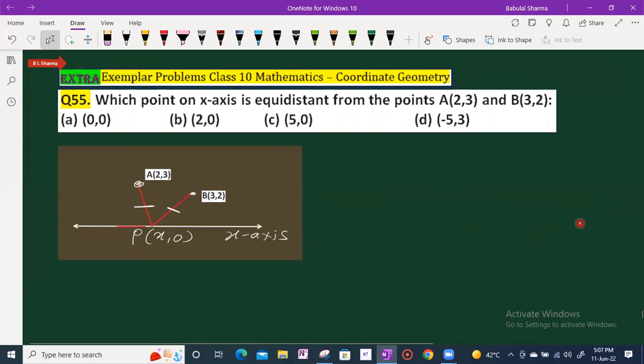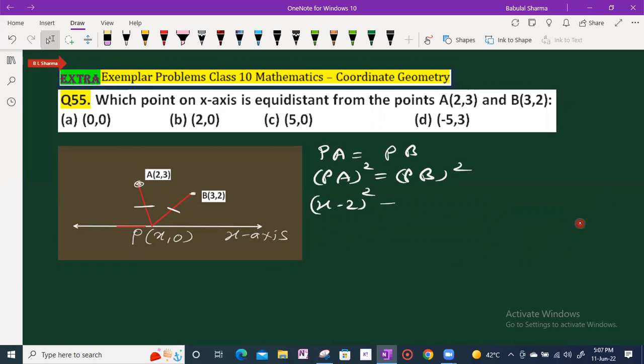So we can say it is given that PA is equal to PB. Squaring both sides, PA square is equal to PB square. Using distance formula, x minus 2 whole square plus 0 minus 3 whole square is equal to x minus 3 whole square plus 0 minus 2 whole square.